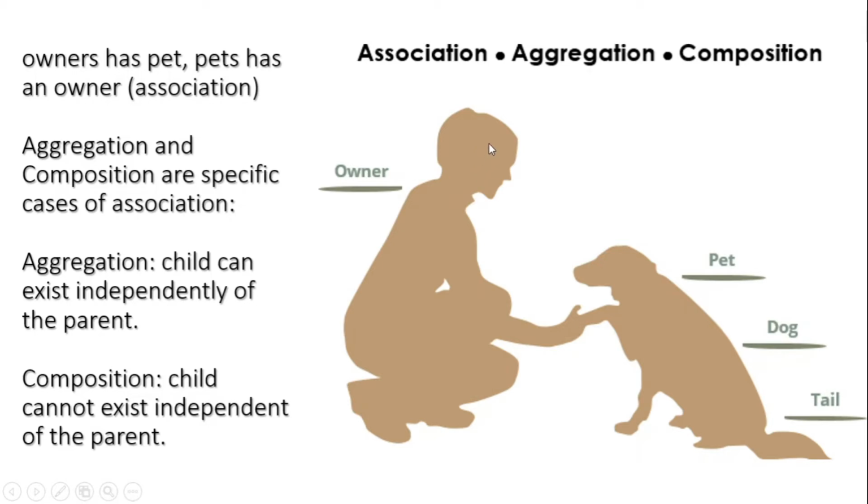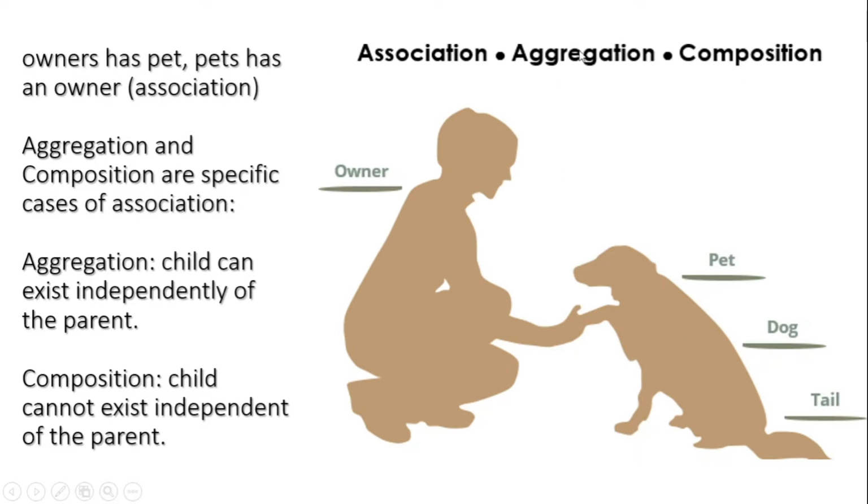Susan is an Owner, which basically means she belongs to an Owner class, and she has a pet. Let's call this one, I don't know what they call dogs, so let's just call it P. Susan has a P as a pet, and P, the dog itself, has Susan as an owner. So you see the relationship between them with association.